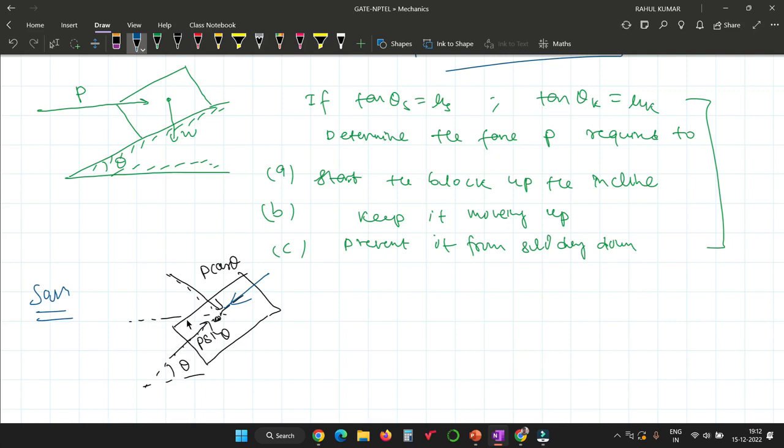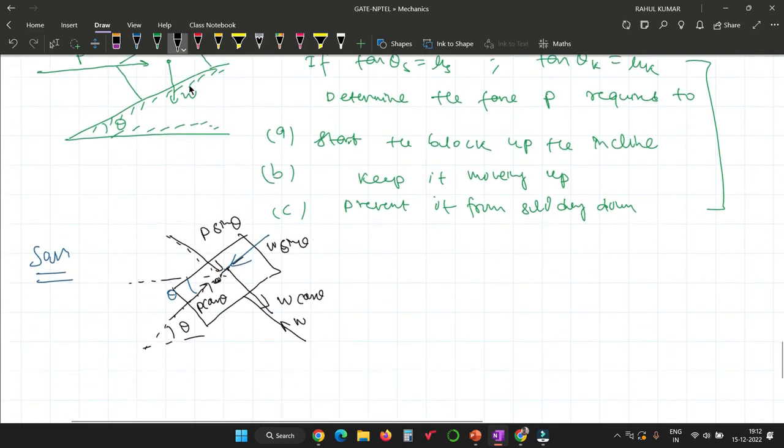Actually, it will be P cos theta here, and P sin theta here, and here it is W sin theta and W cos theta, and here the normal reaction is like this.